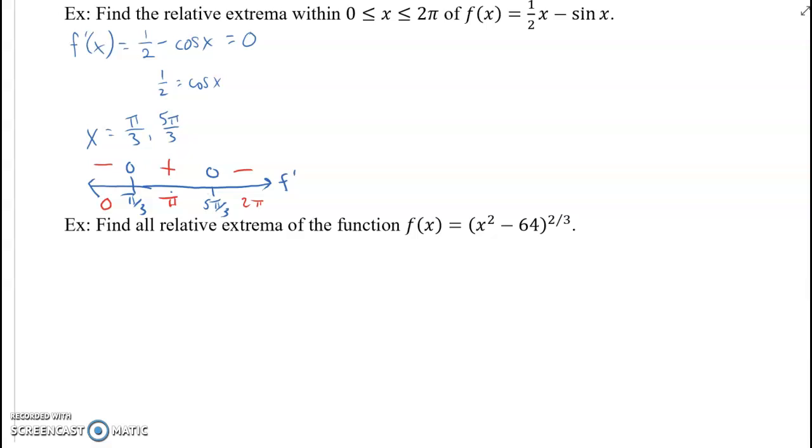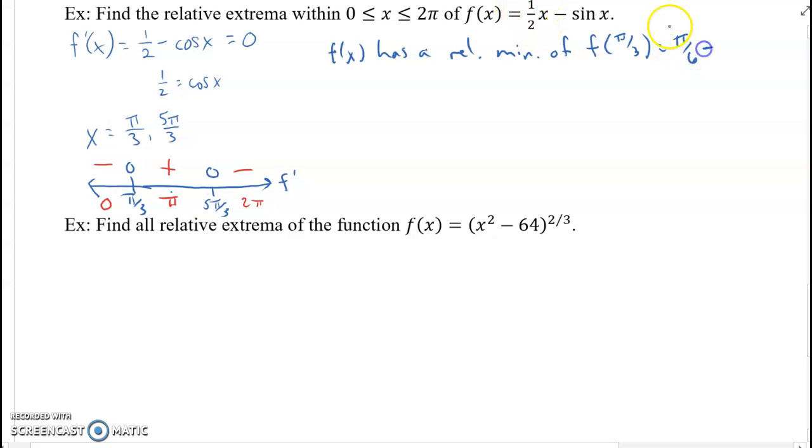So we can say that f of x has a relative minimum, since it goes from decreasing to increasing, of f of pi over 3, which equals pi over 6 minus the sine of pi over 3, which is root 3 over 2.